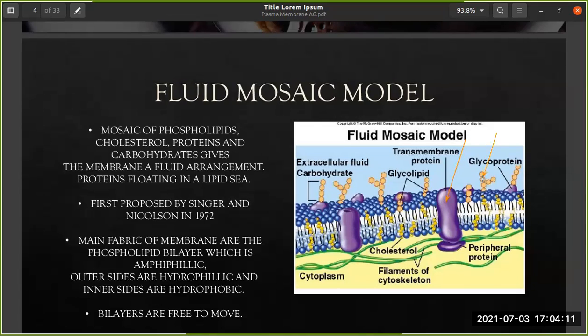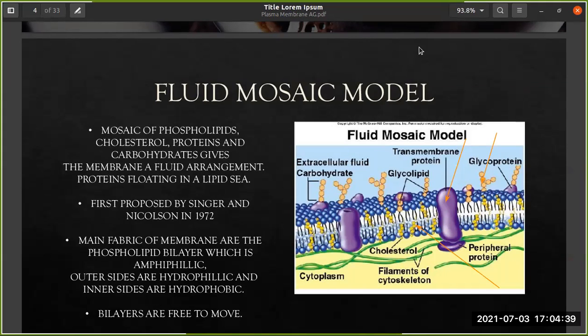Then you have glycoprotein molecules, and you have extracellular fluid and carbohydrates all present. Then you have certain filaments present, and very importantly, you have molecules in between. In eukaryotes, they are known as cholesterol. In prokaryotes, there is no cholesterol.